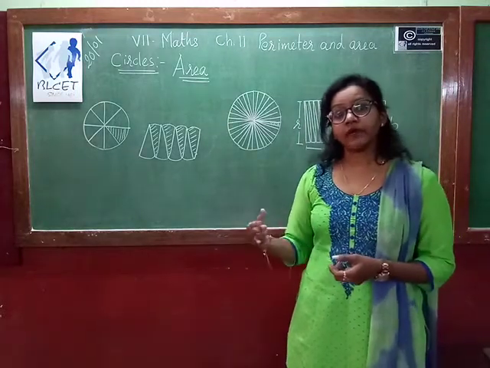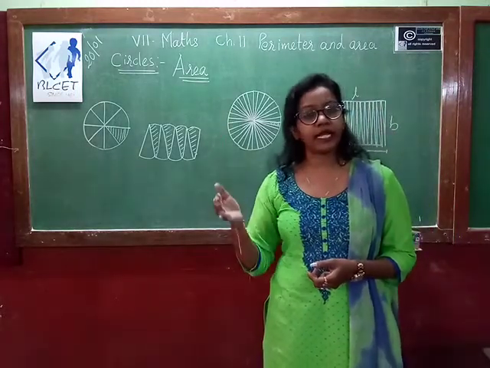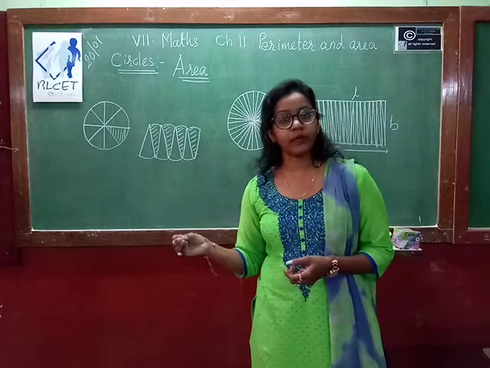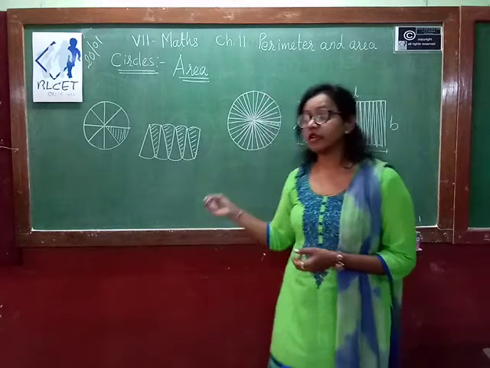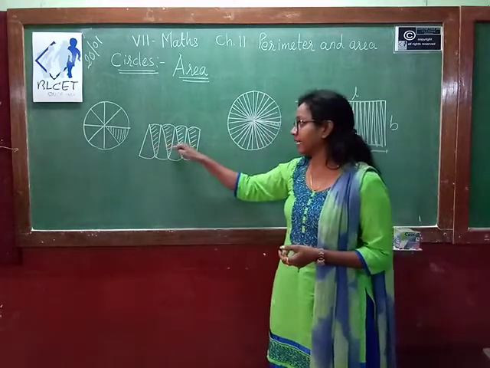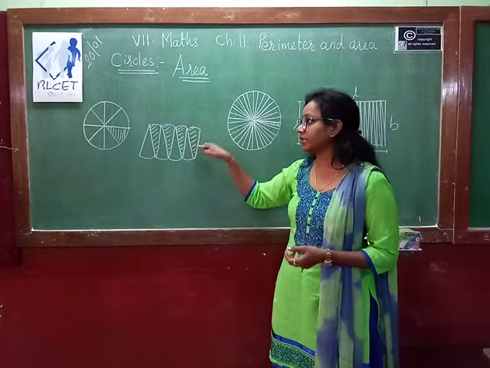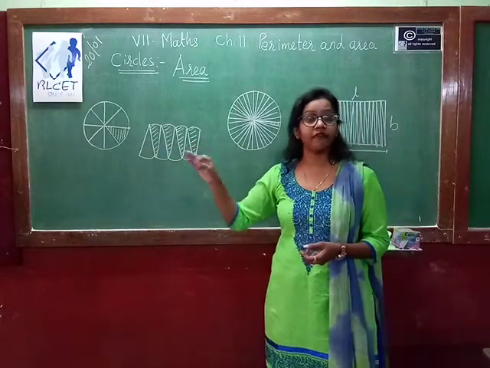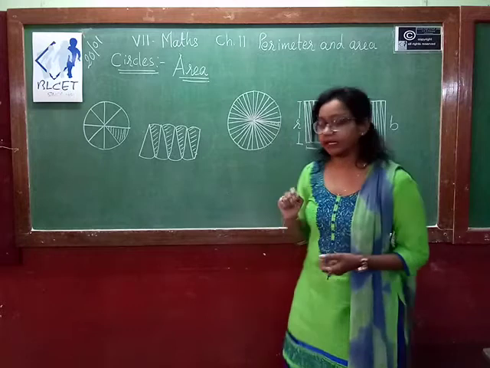Again you can divide, you keep on dividing this circle into equal parts in such a way that when you arrange each and every shape like this, you are getting the perfect shape of a rectangle.